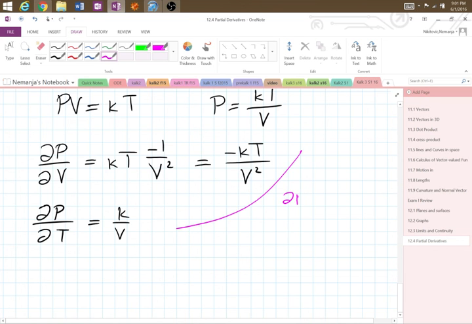So the change in pressure with a change in volume is going to be negative T over V times the change in pressure over the change in temperature. And there's your related rates for this equation. If you know how one changes in respect to the other, some of which you can measure, you can compute certain things.